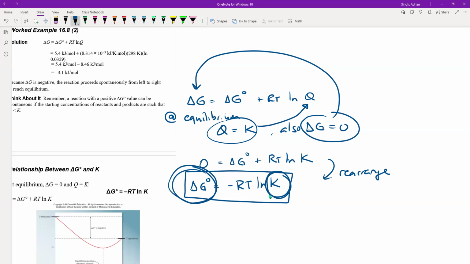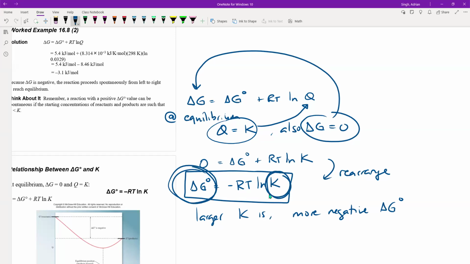Just based on this equation, the larger the value of K, the equilibrium constant, the more negative delta G naught is.